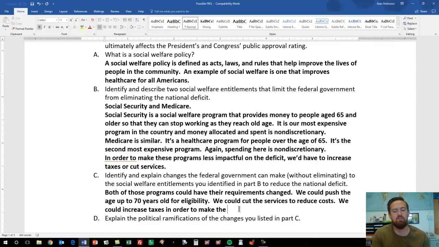We could increase taxes in order to make the program more, fancy word, solvent. Solvent means not bankrupt.